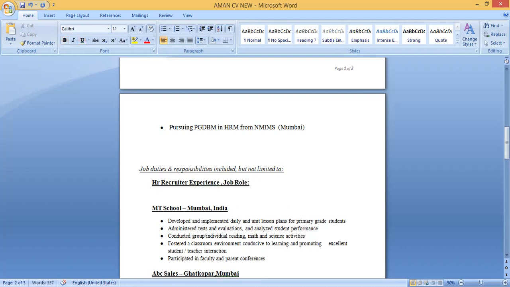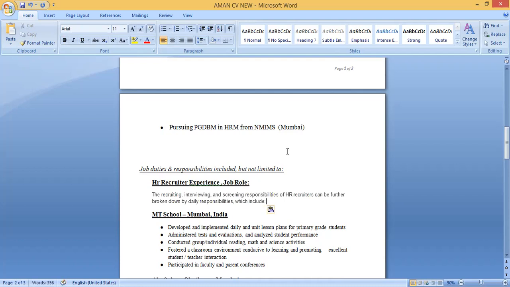This point you can just copy paste and make it proper text. Ensure the text alignment and the fonts are the same throughout the resume. Now here you can't just write the same sentence, you can't copy paste it: the recruiting, interviewing and screening responsibilities of HR recruiters can be further broken down. You can't do this. You have to modify, you have to edit.